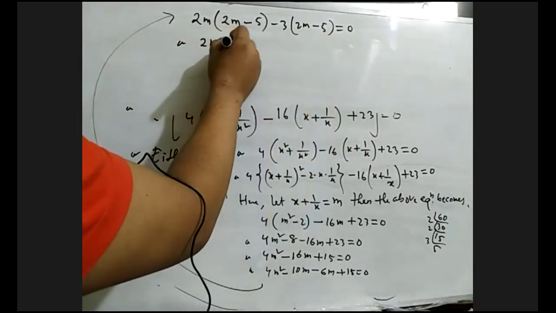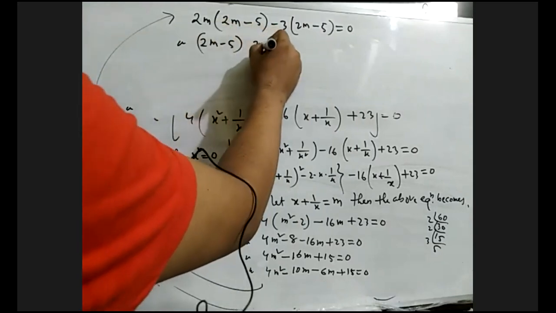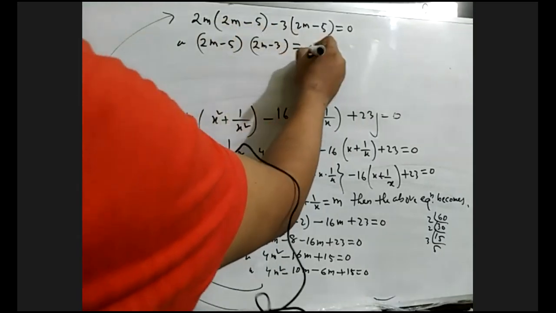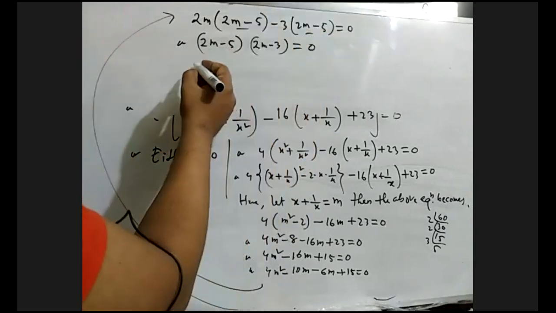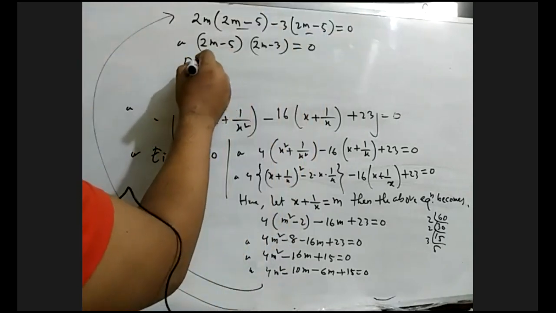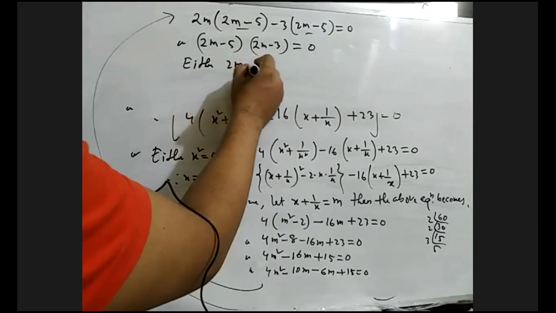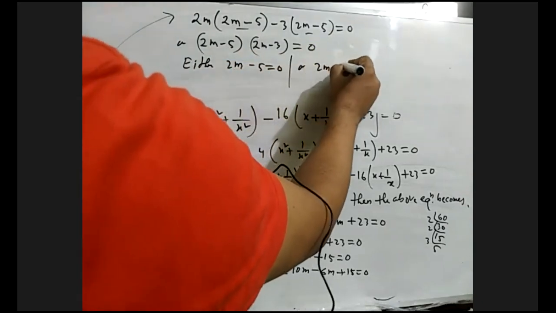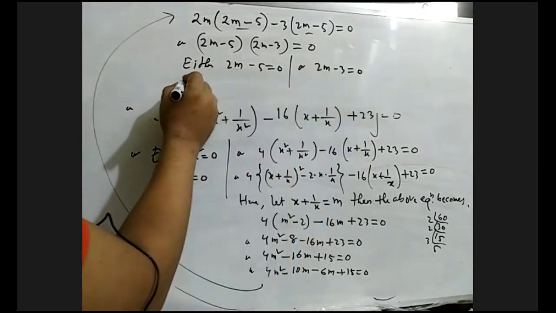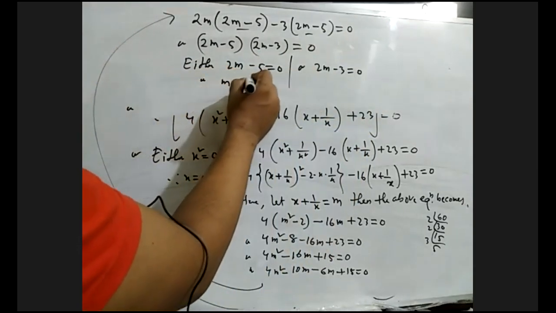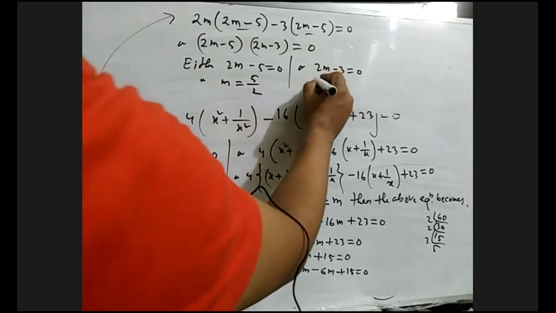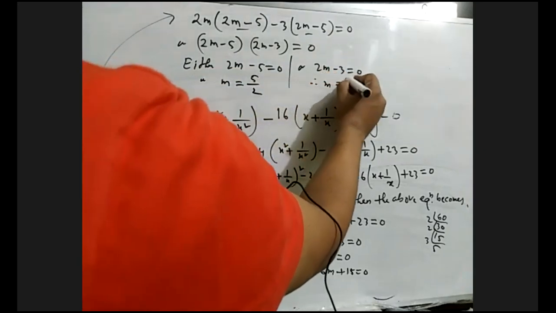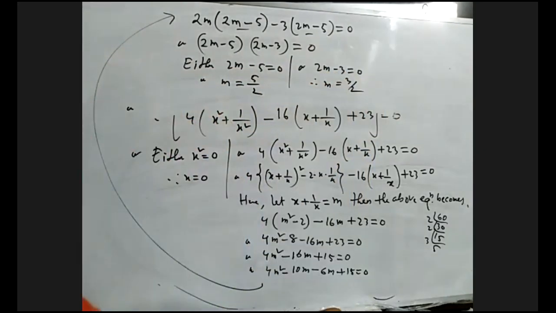Twice m minus 5 is common again. So either twice m minus 5 equals to 0 or twice m minus 3 equals to 0. Therefore m equals to 5 by 2, and here m equals to 3 by 2.